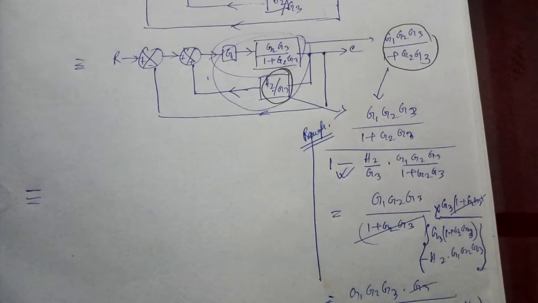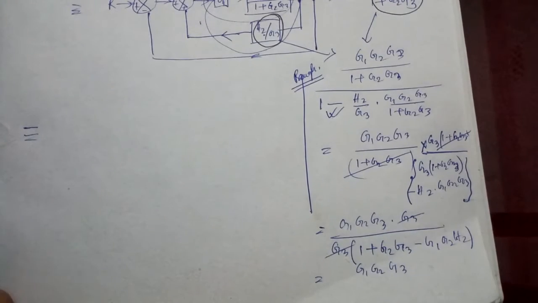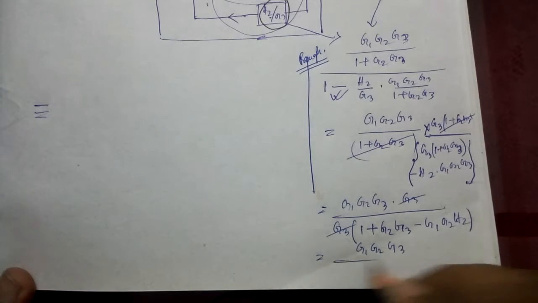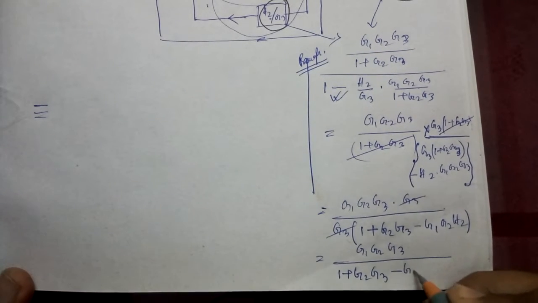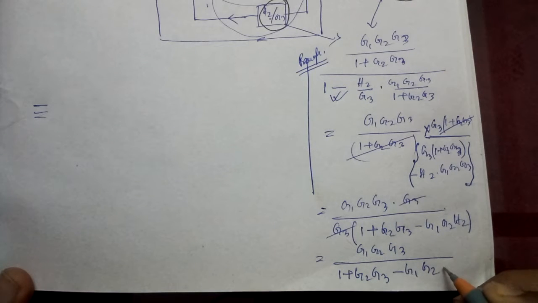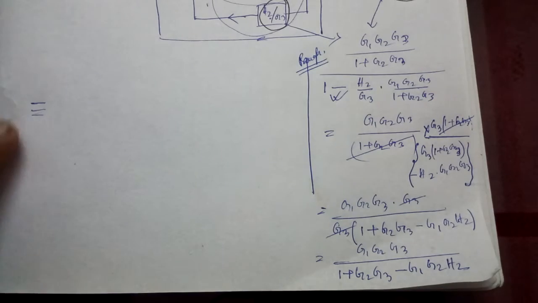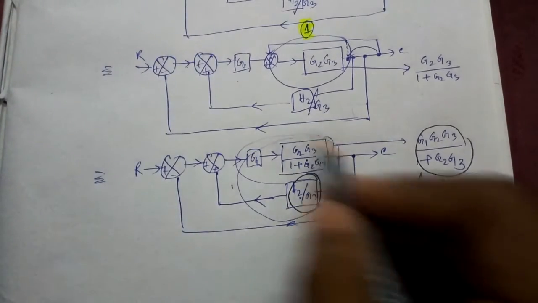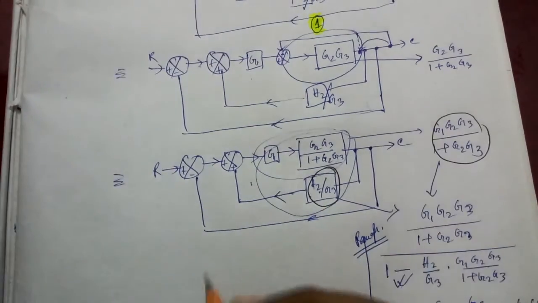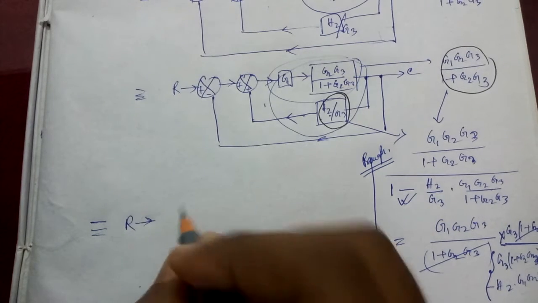G3 G3 will be cancelled, and this will become G1 G2 G3 by 1 plus G2 G3 minus G1 G2 H2. And finally this calculated value will be replaced in this part, and now we can draw it as R.